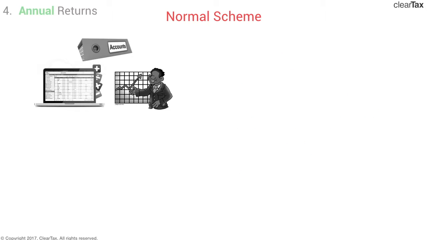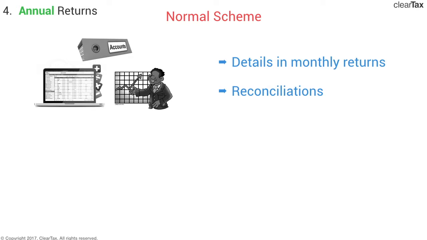The fourth return that you'll have to file is an annual return, to be filed once a year. In the annual return, you'll have to give all of the details of the monthly returns consolidated for the entire year. You'll have to perform reconciliations to tally everything based on your books of accounts.